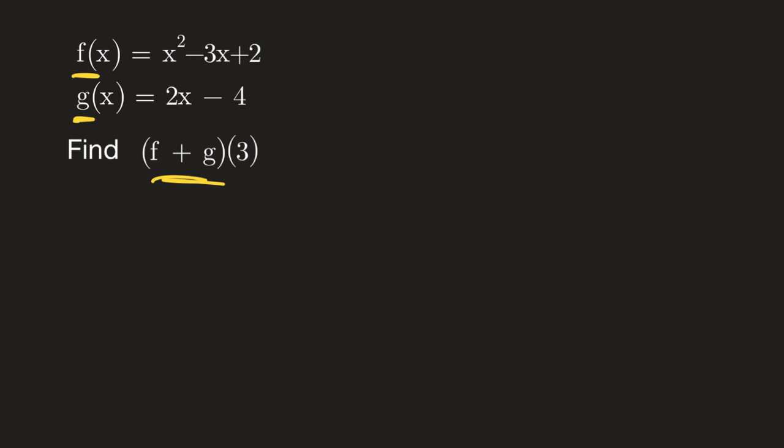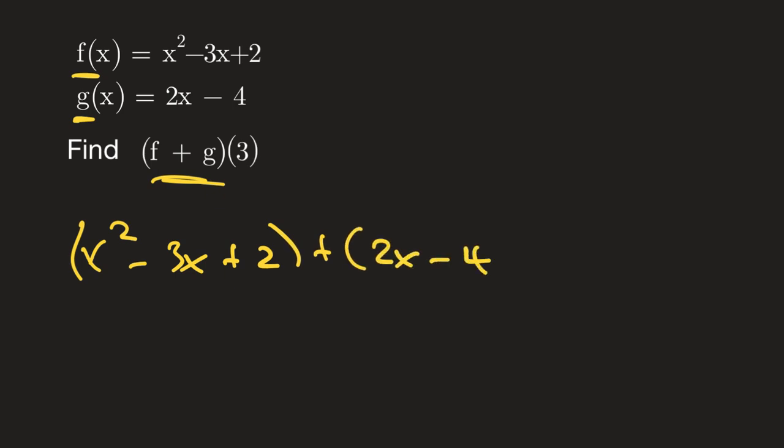So here's what we're going to do. We're going to take the f function, and we're going to add to it the g function. That's what this is telling us to do, f plus g. Please take the f function and add the g function to it.